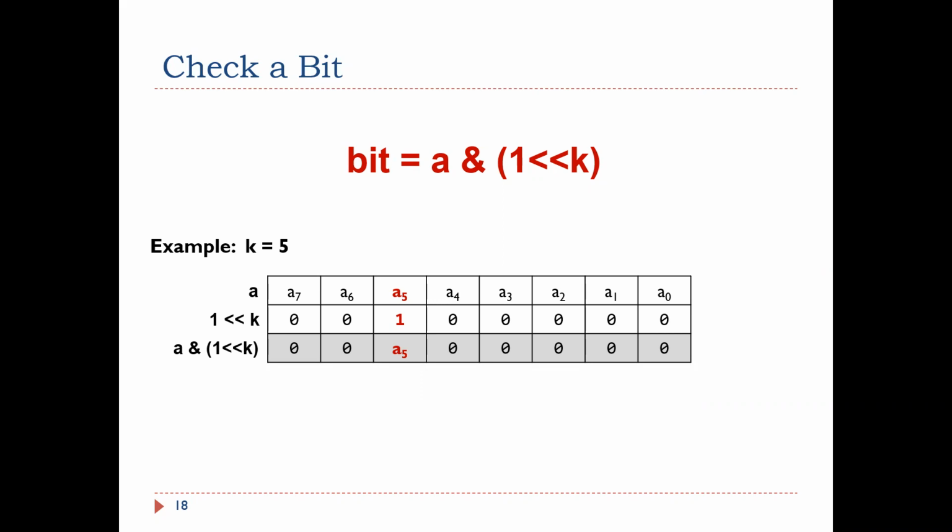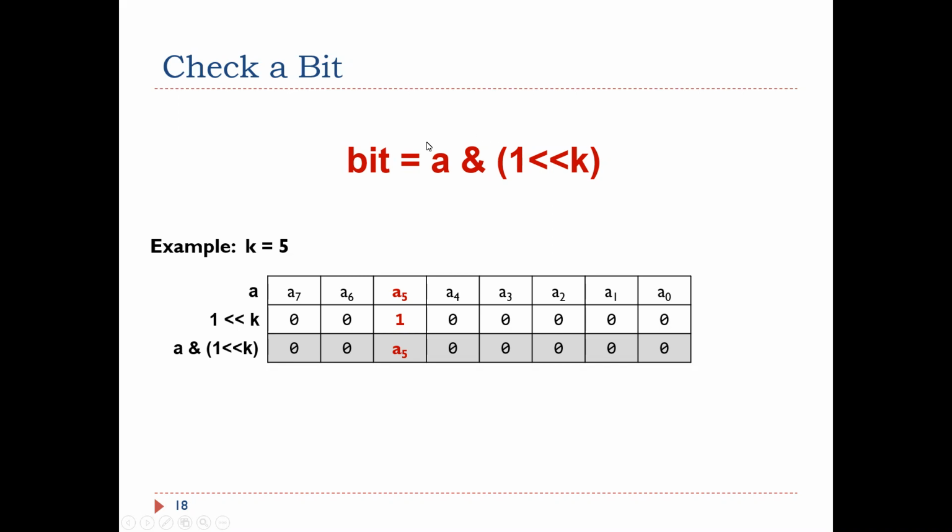Normally you have to design a filter or masking for that. So that's what we are going to see for the next couple of slides, for different kinds of bit checking activities.